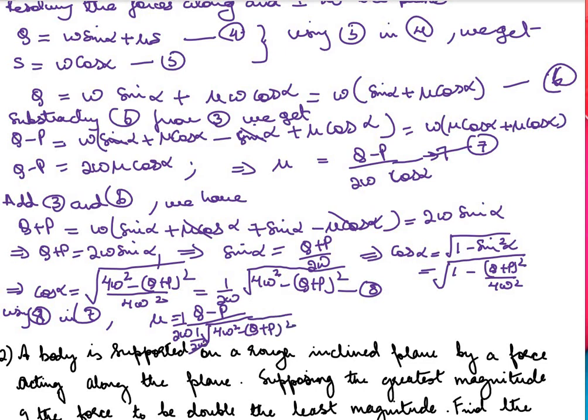So the twice W cancels. This implies that mu is equal to Q minus P divided by square root of 4W square minus Q plus P the whole square. This gives you the coefficient of friction of the given problem.